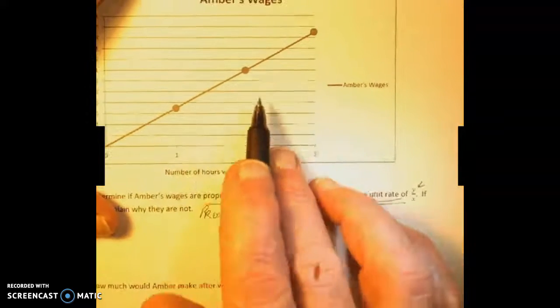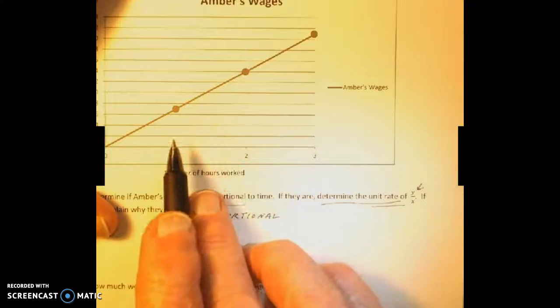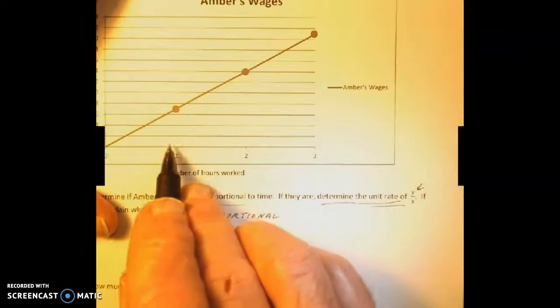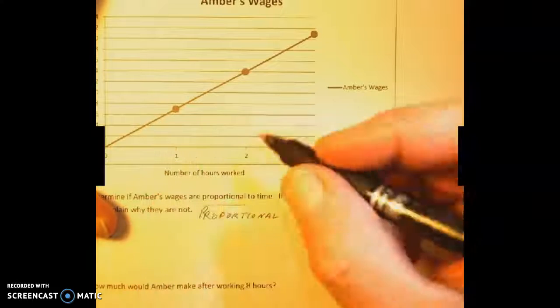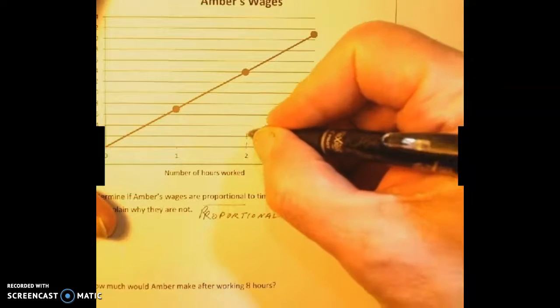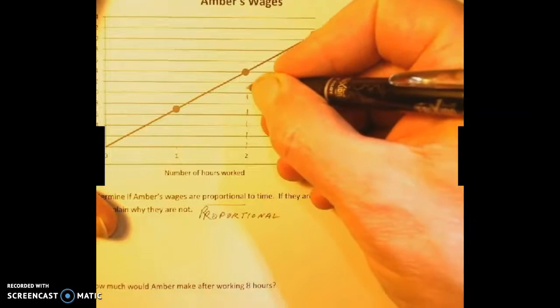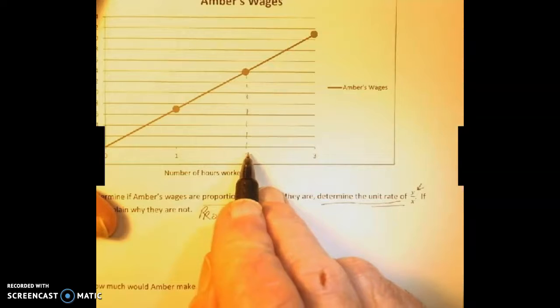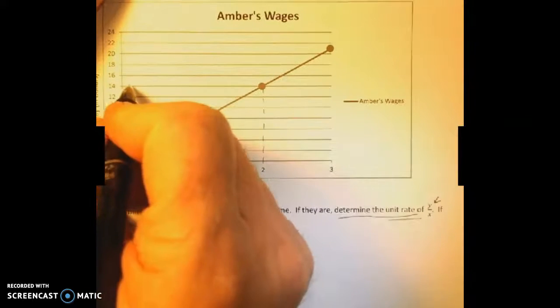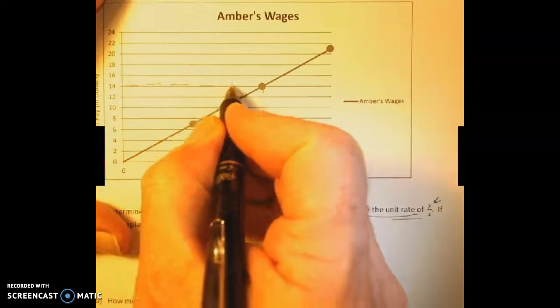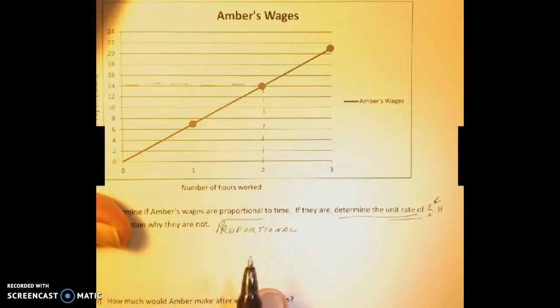You could use any of these ordered pairs to find the unit rate, but you should really use one where you can clearly read the information. At this spot, you can read both the x-coordinate and the y-coordinate very clearly. So that is a really good one to use.